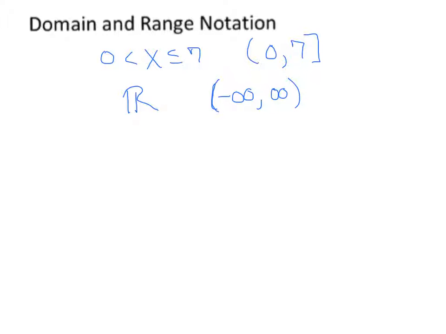The other thing that we can consider when using domain and range is how we link things together. So one of the problems that we looked at before had something like x was less than or equal to 0, and then x was greater than 2, less than or equal to 4.